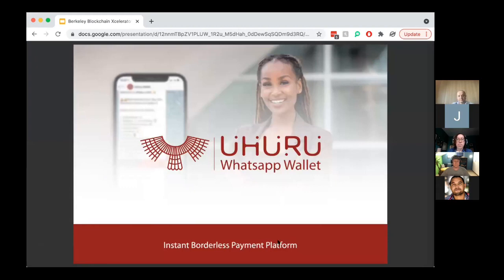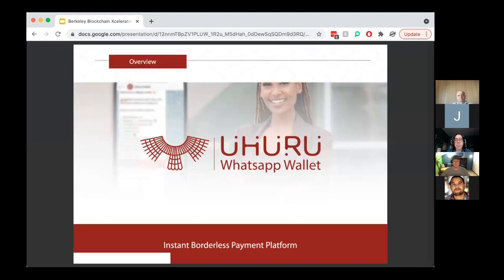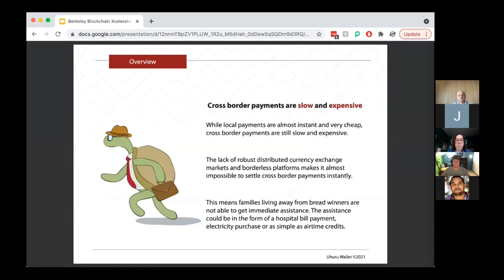Thank you very much. I represent Uhuru from South Africa, and I'm really excited to share with you about Uhuru. Basically, Uhuru is a WhatsApp-based wallet that was specifically built to solve the slowness of cross-border payments for unbanked and underbanked foreigners across Southern Africa.